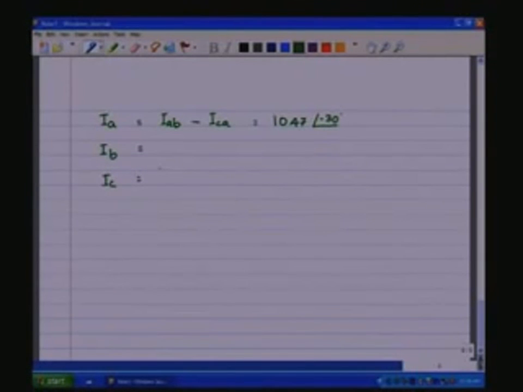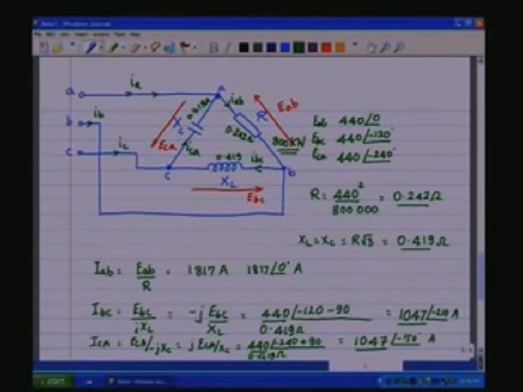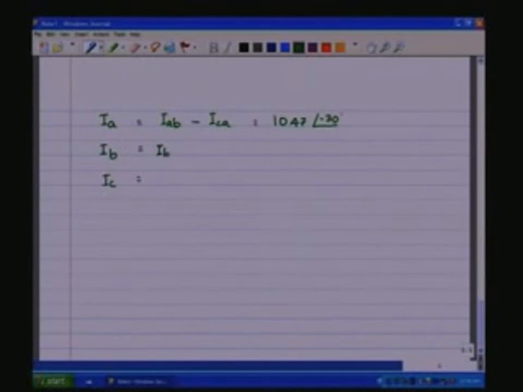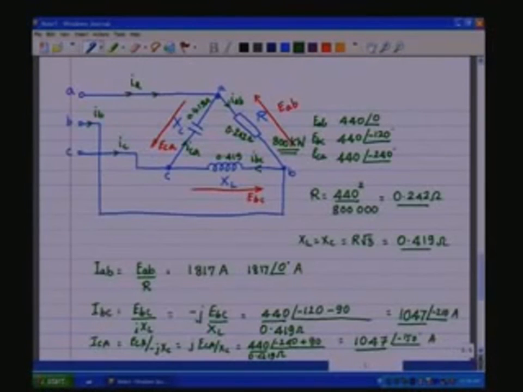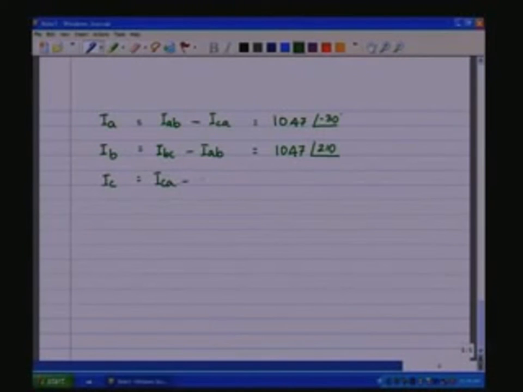And IB is IBC minus IAB, which is also 1047 at a reference angle of 210, and then IC, if you look at this figure here, is ICA minus IBC, which is 1047 at a reference angle of 90 degrees.